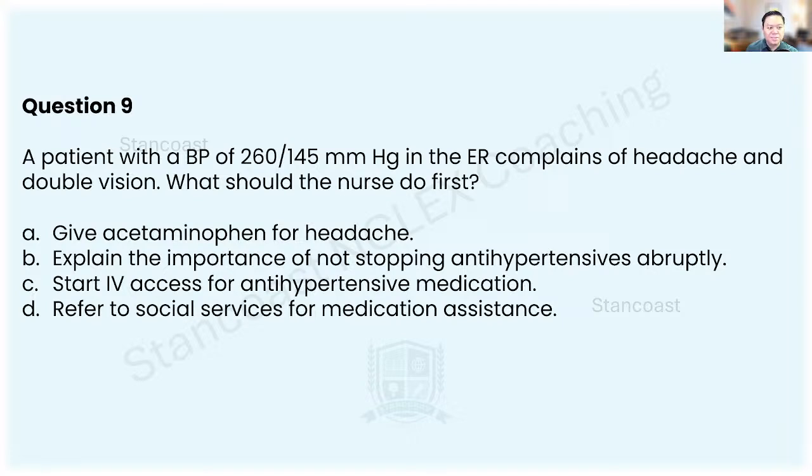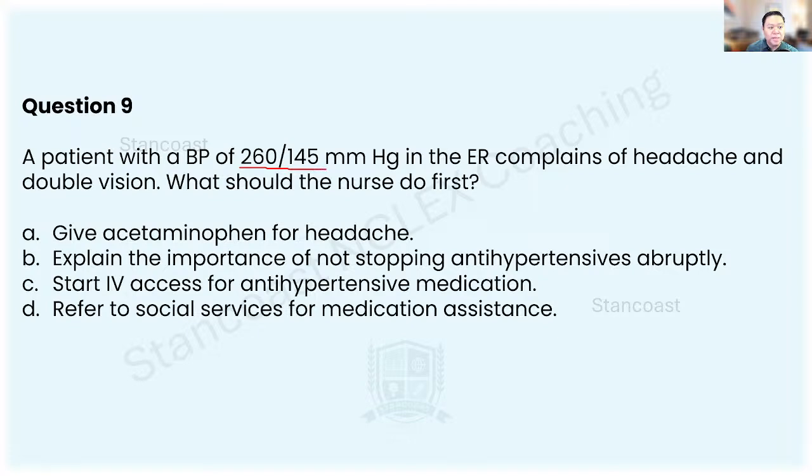All right, I'm seeing letter C. Okay. In this scenario, yeah, you definitely need to start the IV access. Well, you don't have any other choice, right? Because if you're going to select letter A, the patient's blood pressure, aren't you scared with that number?